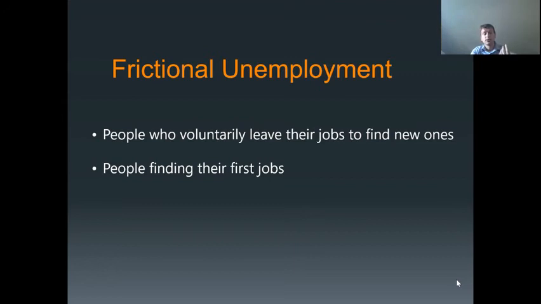This is also the category when you are trying to find your first job or re-enter the workforce. So a parent who is out on paternity or maternity leave, coming back to the workforce and trying to find a job after being gone for a number of years, is going to be frictionally unemployed, re-entering the workforce. As you graduate high school or college and you're looking for your first job, you will be frictionally unemployed as you are now entering the workforce.